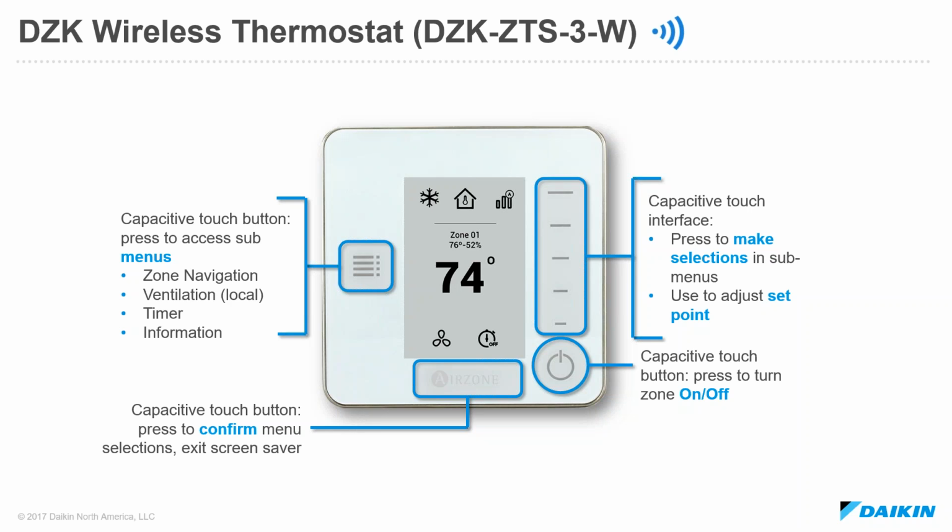The standard requirement is that one wired thermostat has to act as the main thermostat for the DZK. If for some reason that main wired thermostat has failed, in that case, essentially if the DZK is not detecting any of the wired thermostats, there is a zone navigation menu option that will sort of magically become available for the wireless thermostats.